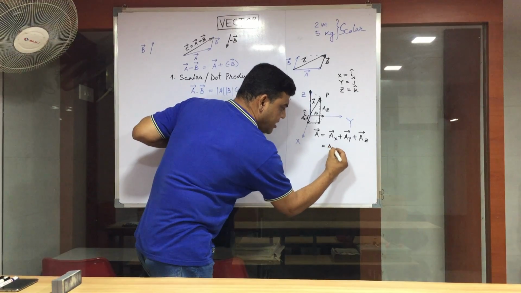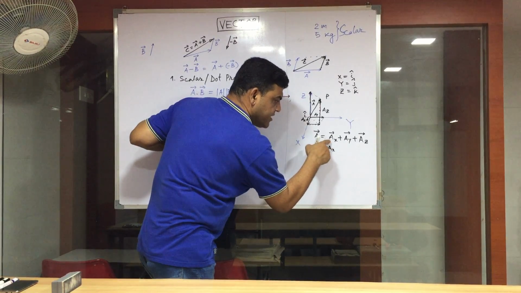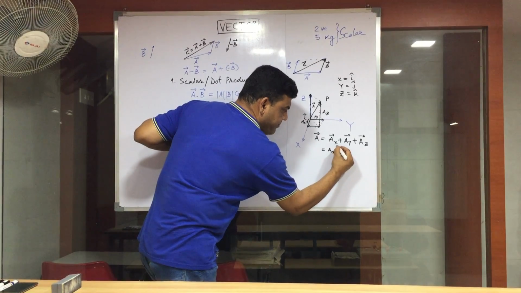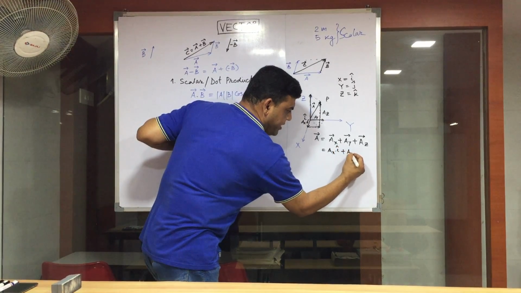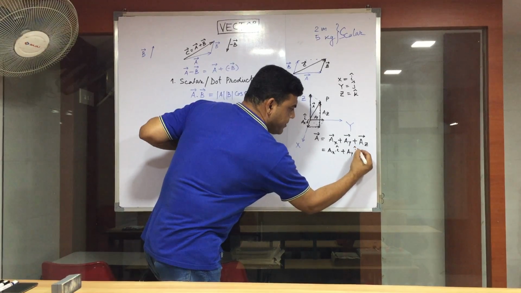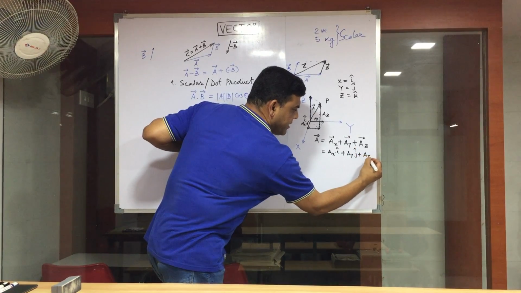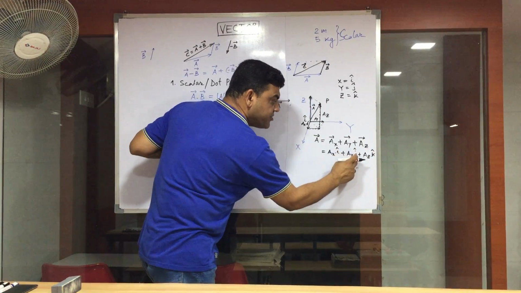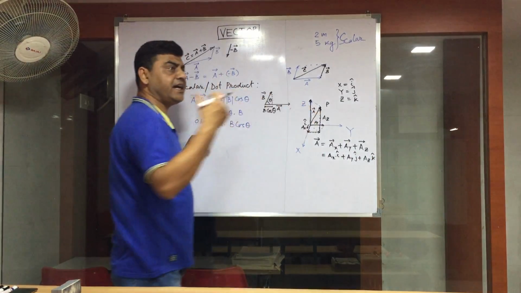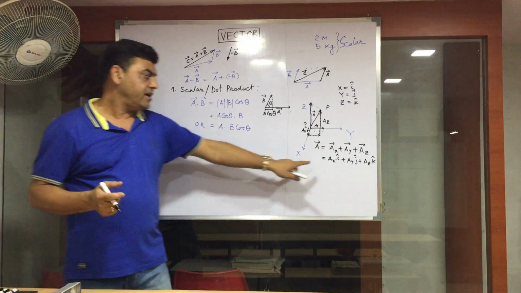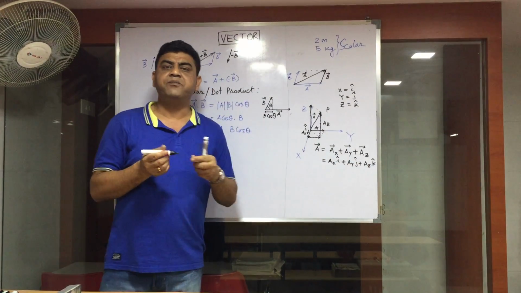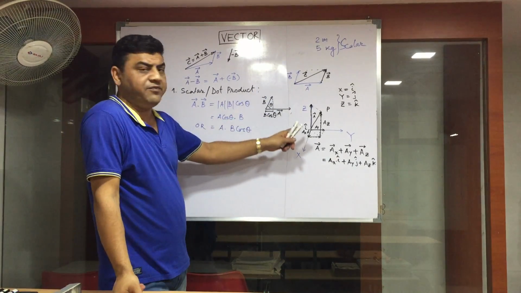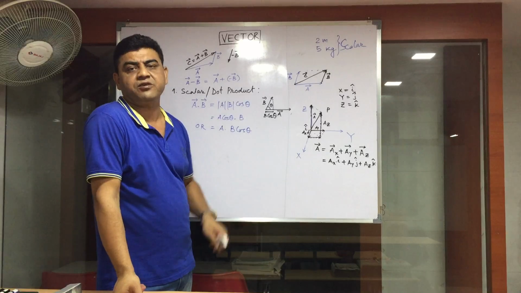This is now the magnitude, there is no arrow or bar on top: ax into i cap plus ay into j cap plus az into k cap. Each of these unit vectors defines the direction of the component, and ax, ay, az represent the magnitude of the component of the given vector A along our preferred coordinate system.